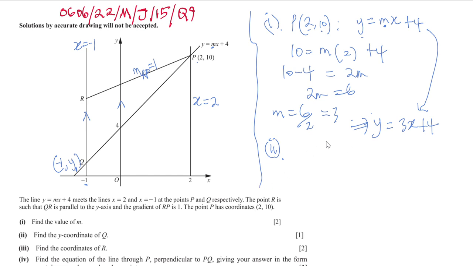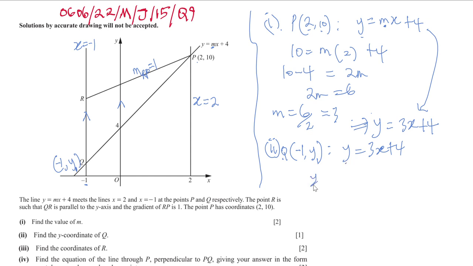Now, for question II, we have to solve for the y coordinate of Q. This coordinate Q, minus 1, y1, lies on the line y equals 3x plus 4. So we substitute the coordinate of Q into this.